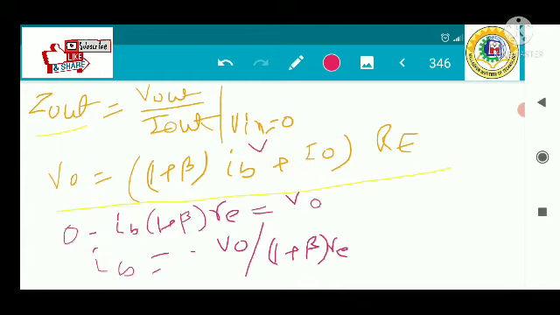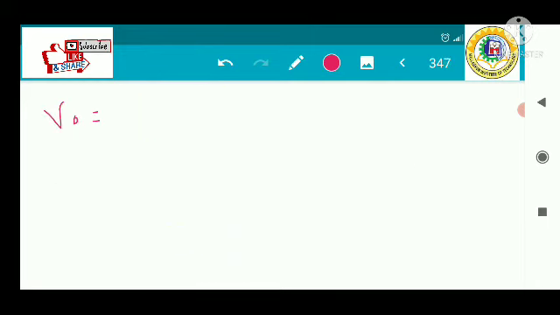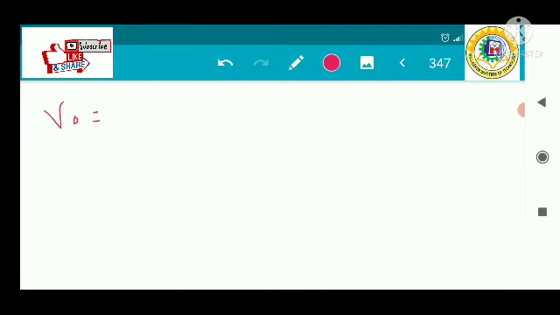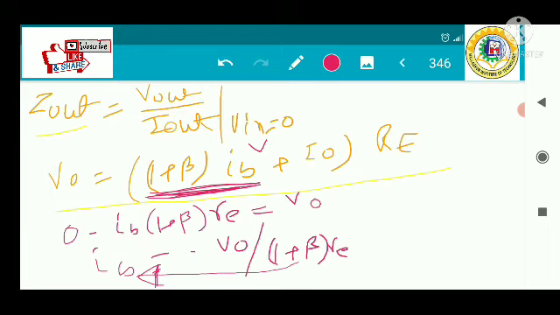If we take 1 plus beta IB directly, I am replacing 1 plus beta IB with minus V0 by re. So that is nothing but V0 divided by re into RE plus I0 into RE.